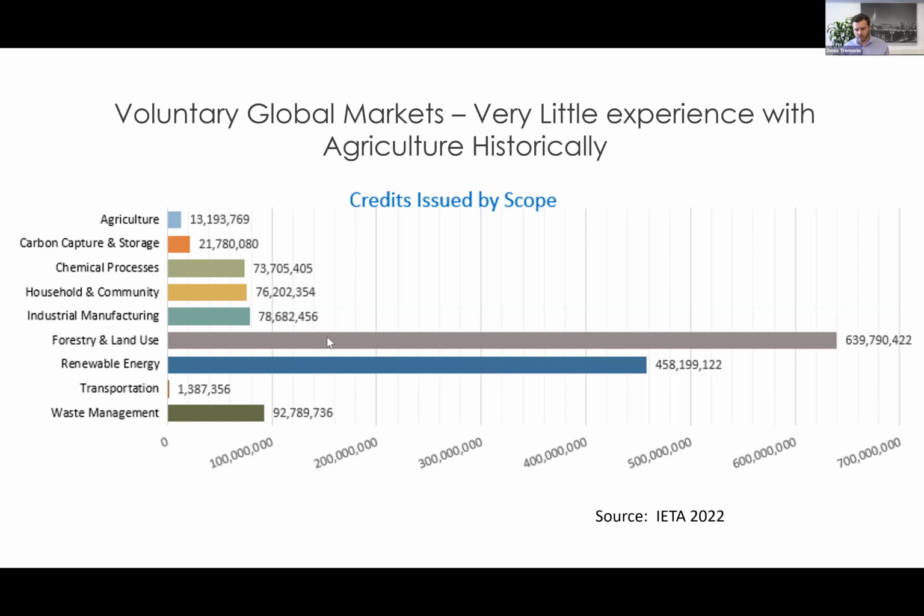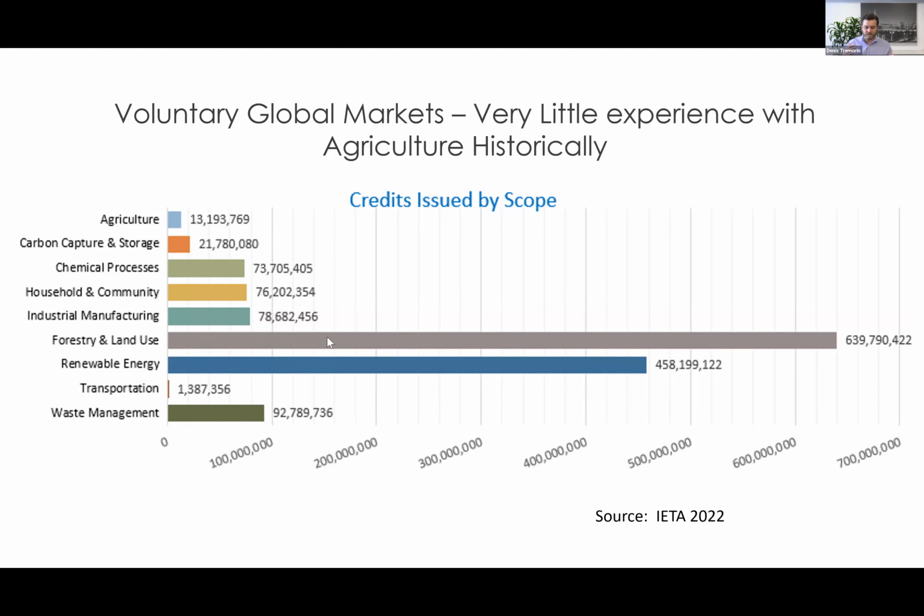Offsets are being produced and sold by the forestry sector, the land use sector and the renewable energy sector. So you'll see companies like Bullfrog Power that make electricity sell a lot of credits. And when you look at a company that today calls themselves carbon neutral, this is really what they're buying into. They're not buying offsets from agriculture for whatever reason. They're buying them from forestry, land use and renewable energy.